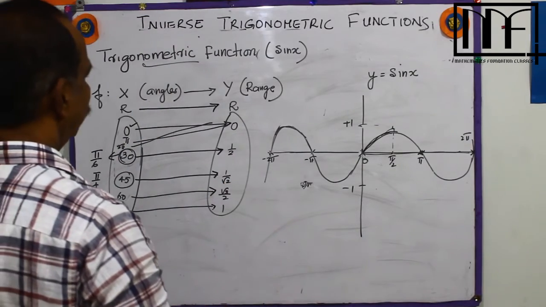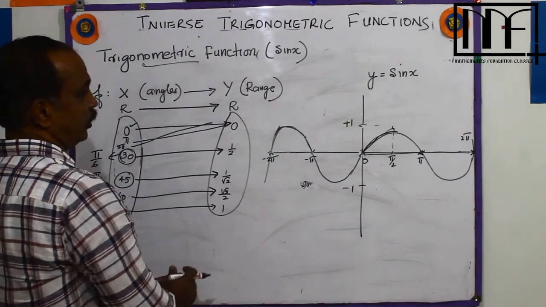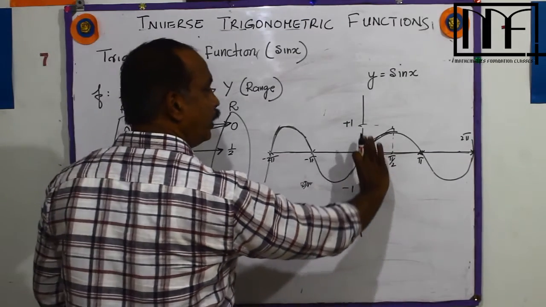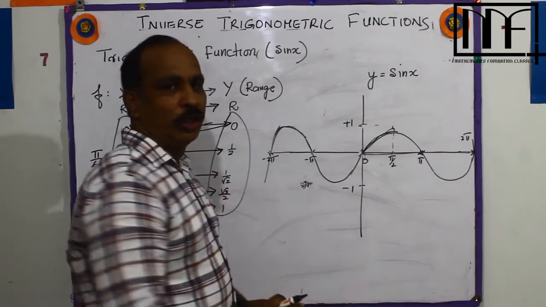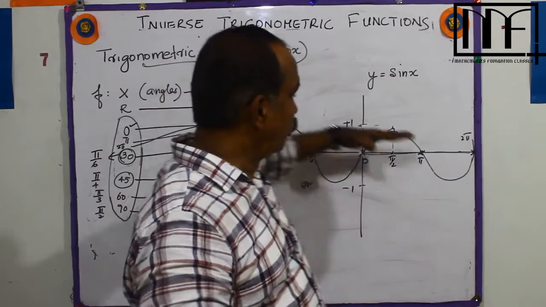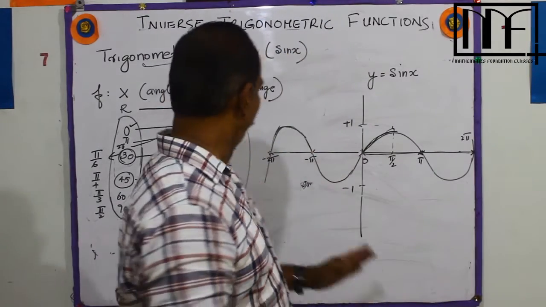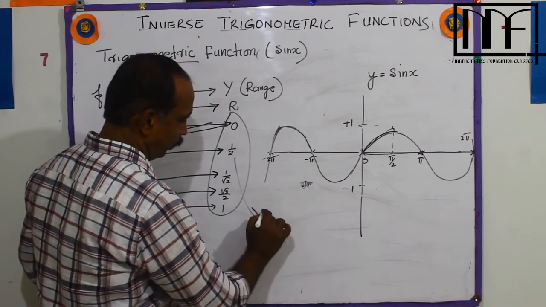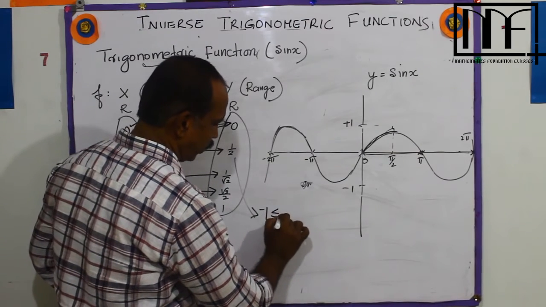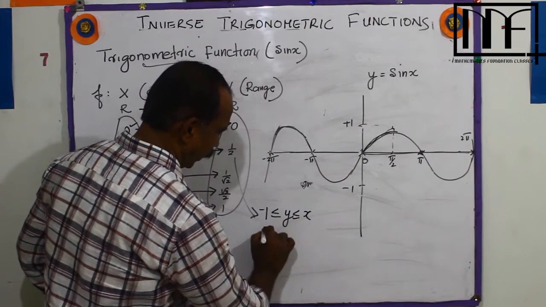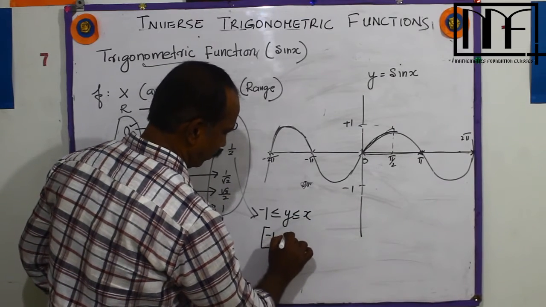So again, what are the values of the range here? Now the range, the values are between -1 and +1. For the sine function, the values will come only between +1 and -1. Therefore, the range will be only -1 less than or equal to y less than or equal to 1, or the closed interval of -1 and +1.